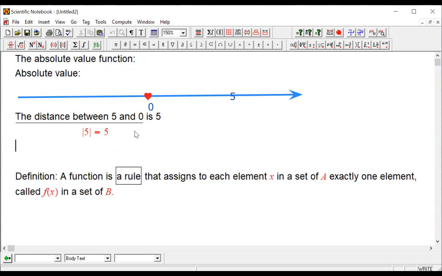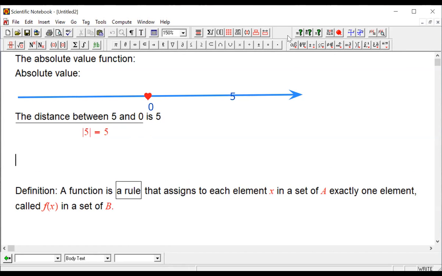Another example. Suppose we have another number, which is -3. Then the distance between -3 and 0 is, all we have to do is count how many units are between -3 and the origin.